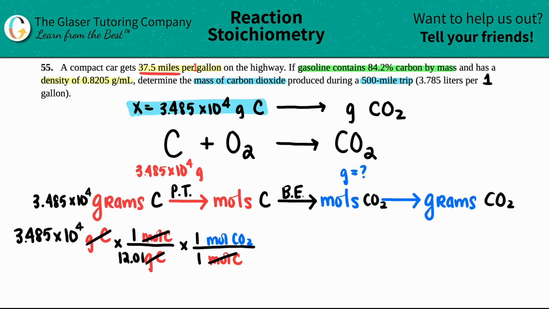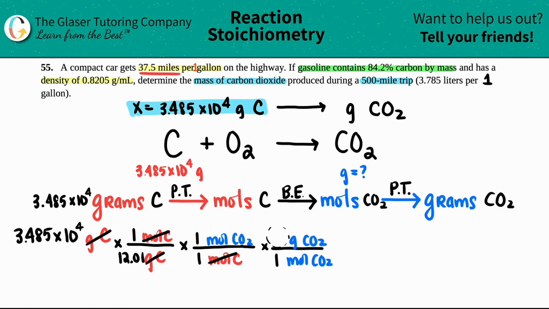We want to get to grams, so multiply by the last ratio: mole of CO2 on the bottom, gram of CO2 up on top. It's a gram to mole conversion of the same compound. That's the periodic table, and remember you have 1 mole, so wherever the word mole is, you put a 1 there.